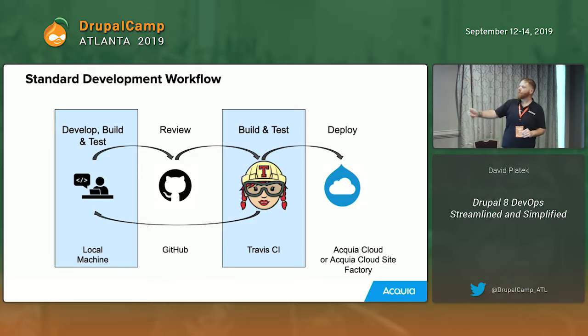So this is our standard development workflow. You'll have developers working locally on the left side of the screen, and everybody will ideally have the exact same local development environment. Again, this is because if you have different tools, it's going to be more difficult to support. So pick something and land on it. I'm still using Drupal VM personally. I'm hearing a lot of interest around Lando and DDev and Docksal.